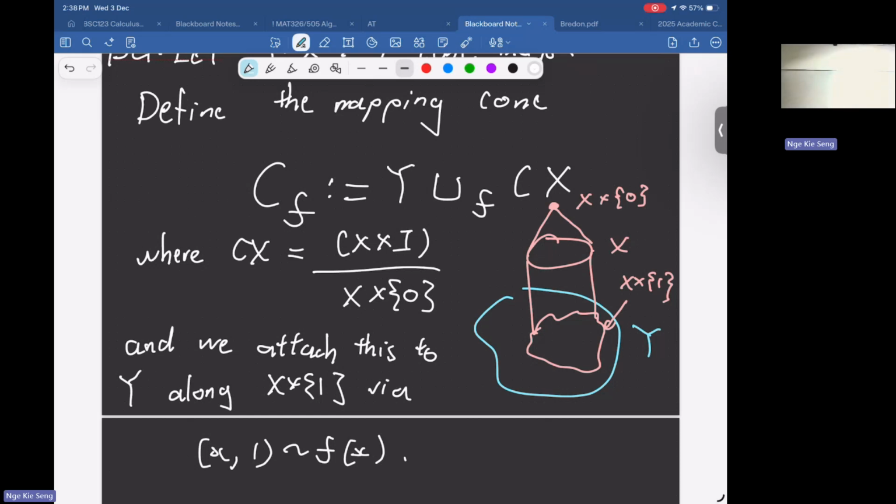Okay. So what is the relation between this and the mapping cylinder? It's just without the quotient. If you take the mapping cylinder and then you collapse one part, then it becomes a cone.